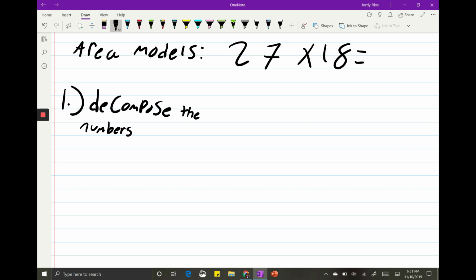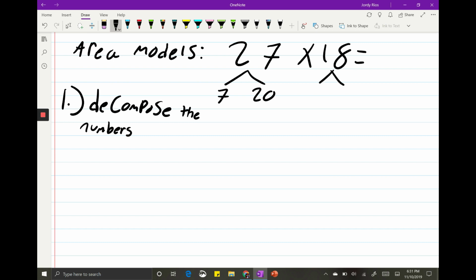Remember when we decompose numbers, we see two numbers that are visually there, okay? So when I decompose 27, I'm decomposing it to its value. The value of 7 is 7, and the value of the 2 is in the tens place, so that means the value of 2 is 20, all right?